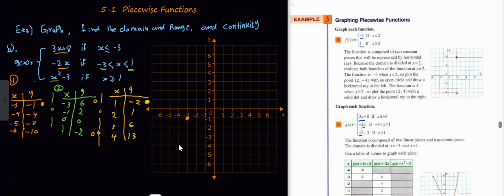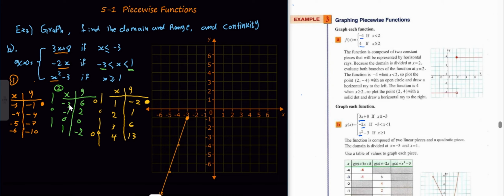We don't need to make a big circle, just put a point here. We have negative 5 with negative 7, and negative 6 with negative 10, let's assume that it is here. We connect these points together, so our graph will look like this.